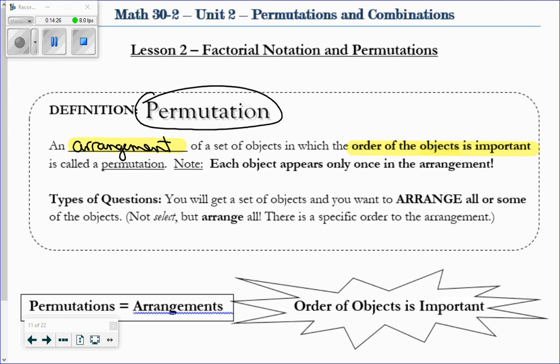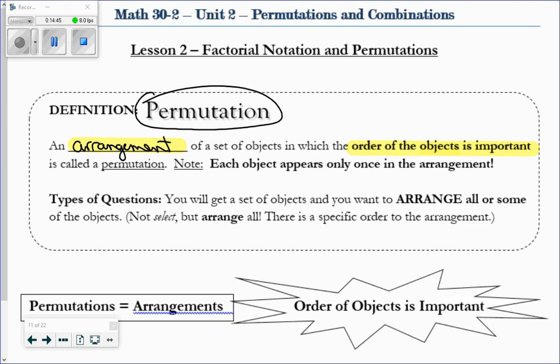Every single one of them. Because I was rearranging the letters of the word product. I was rearranging my 10 digits to get out an even whole number. I was rearranging part A, part B questions to get a specific order. Anytime there's order, it's called a permutation.